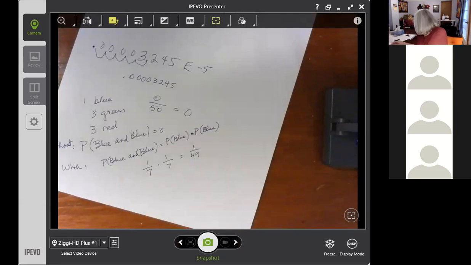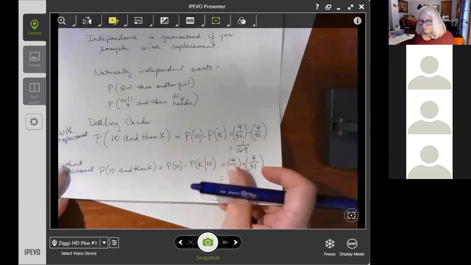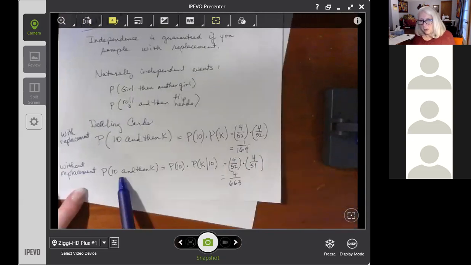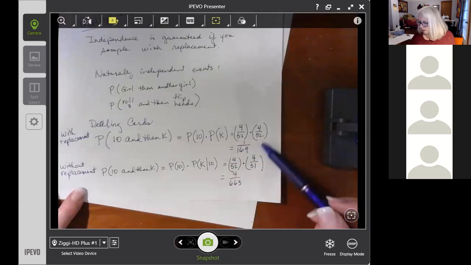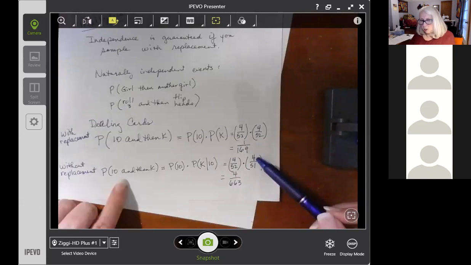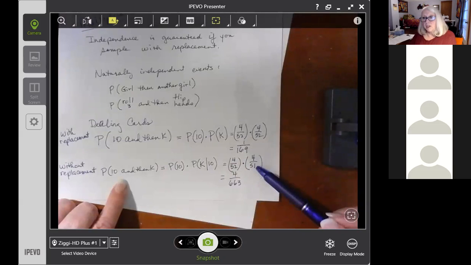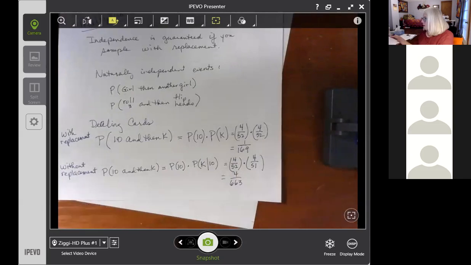It's very similar to this thing here. The numerator in this problem didn't change because all the kings were still in the deck because the first thing dealt was a 10. But the denominator changed because there was one less card. So similarly in 2B, there is one less in the group of 50.